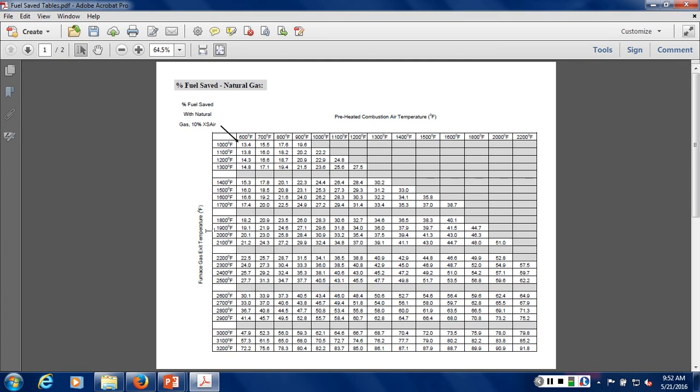And we're going to have to come down here and slide across between our exhaust gas number. And all these numbers within the table, those are a percent of the fuel saved by preheating that combustion air. And you can see it can be fairly significant.